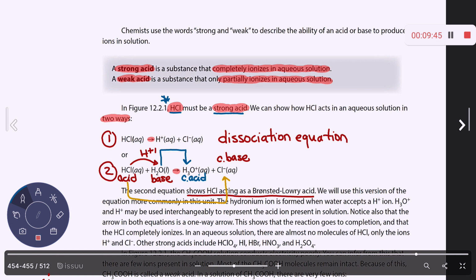You also need to know that the other strong acids would be down here. HClO4, HI, HBr, HNO3, and H2SO4. So there are 6 strong acids that you absolutely need to know.